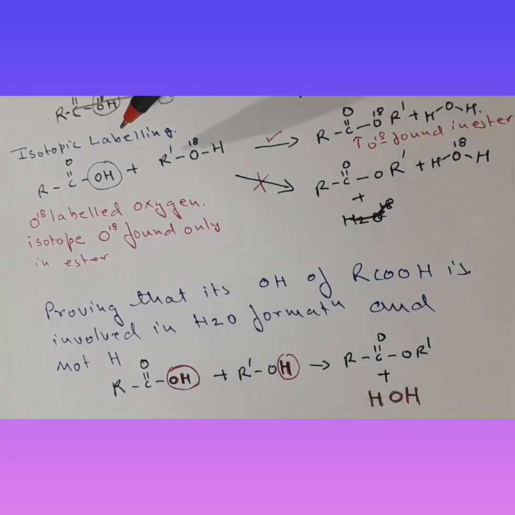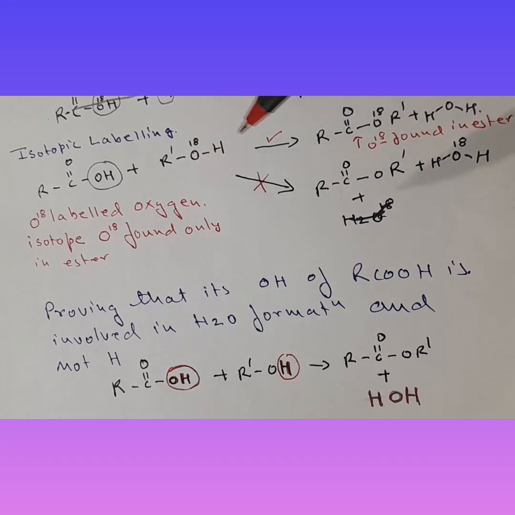How? Let's understand. In isotopic labeling, we take a carboxylic acid and an alcohol in which the oxygen is the O18 isotope. We know oxygen exists in 3 isotopic forms, O16, O17 and O18. So we are using here heavy oxygen, that is O18. Now on doing this reaction, where in the product or byproduct do we find the presence of O18?